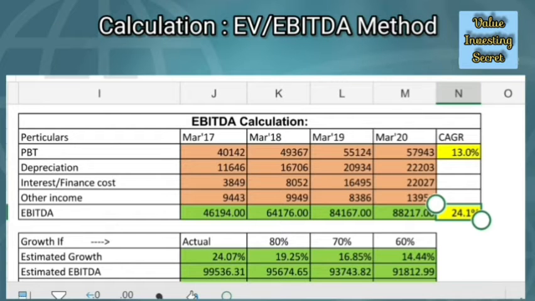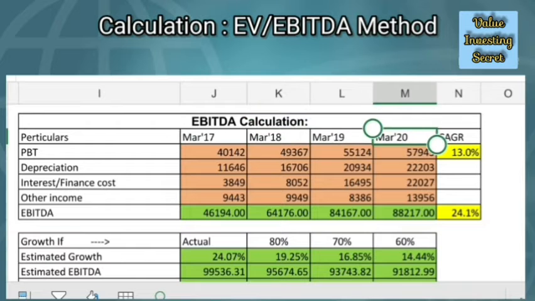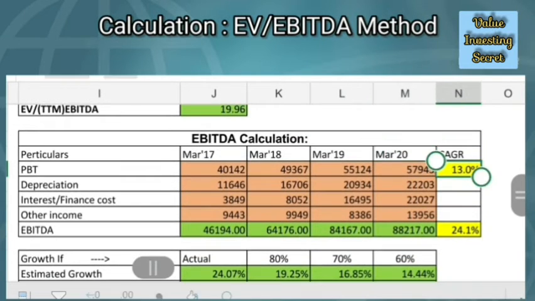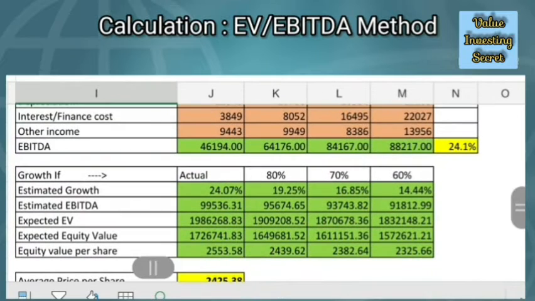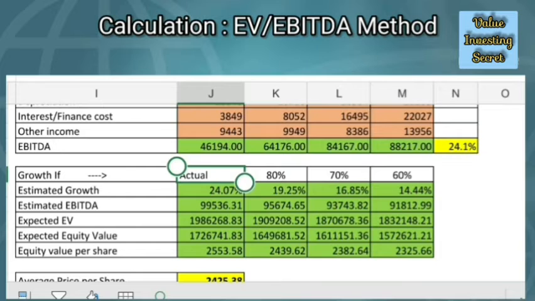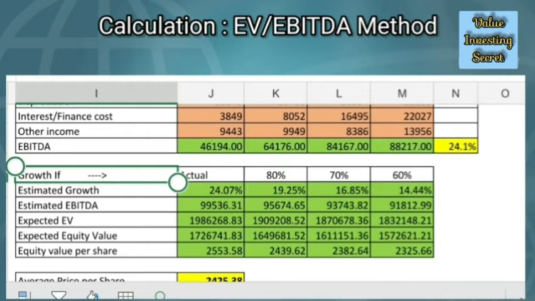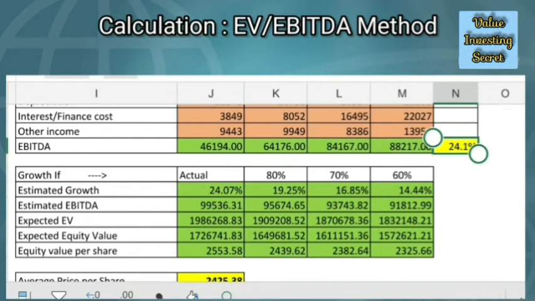So I got 24.1% of EBITDA CAGR. So this CAGR formula is for 4 years, and we can also calculate the PBT CAGR. We got 13.0%. And with this data we can calculate the growth rate of EBITDA and expected EV, everything.